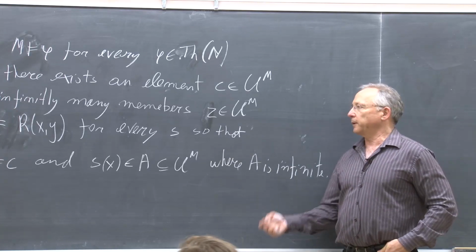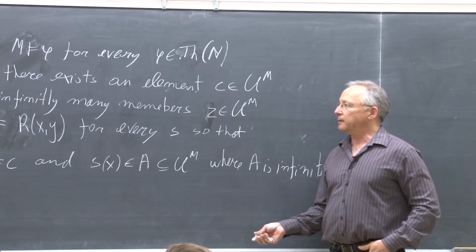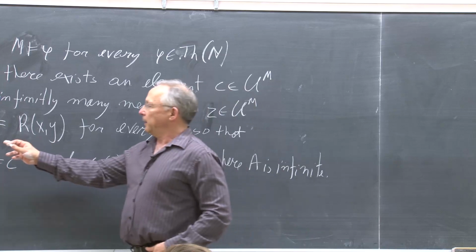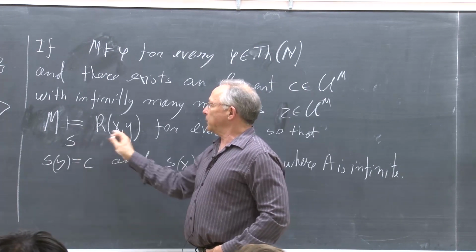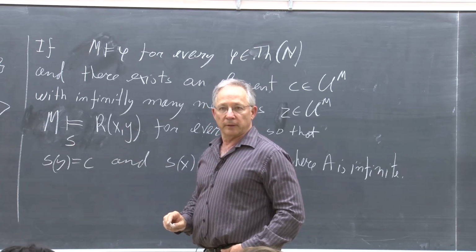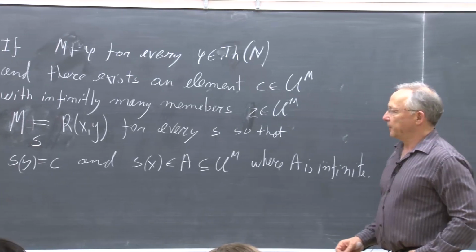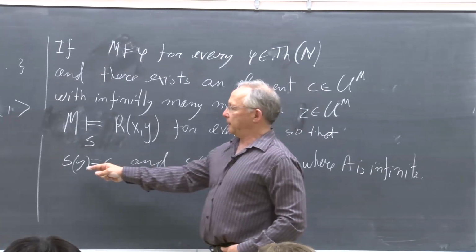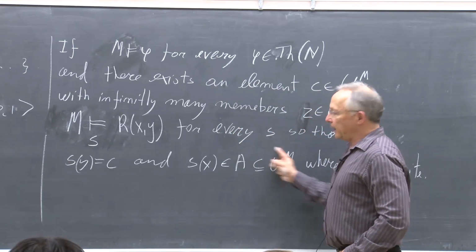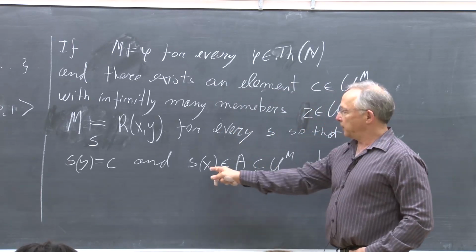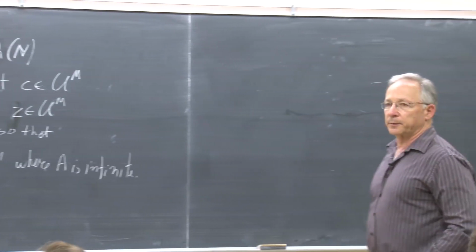Because we have to talk about what formulas are satisfied in this structure. So in this structure, I have the formula R x y, and I can ask for which assignments S to X and to Y this will hold. So I'm saying if the assignment takes Y to this element C, then there are infinitely many elements of the structure, so that if you assign X to them, they will satisfy that they're smaller.